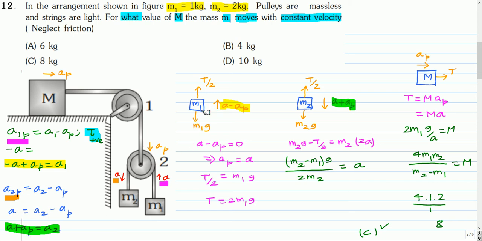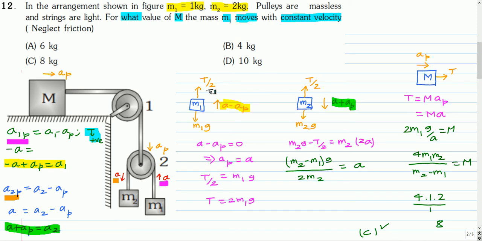Let's draw the free body diagram of m1. Weight is m1g. Upward tension: if you assume the tension in this string as T, then the tension in this string will be T by 2, because if you draw the free body diagram of this massless pulley, T should be equal to the sum of the tensions in these two strings, which are equal. So it should be T by 2 and T by 2.